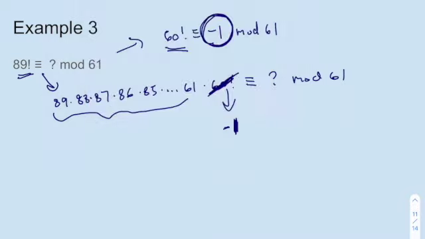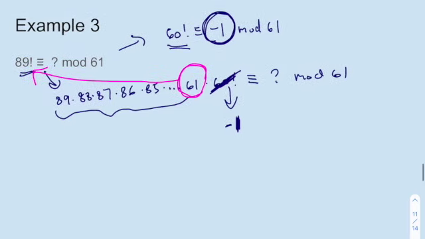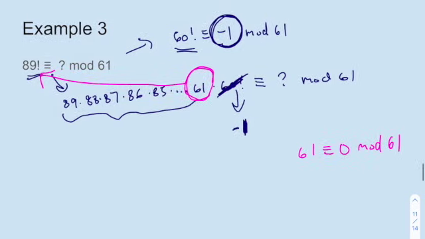The key is to notice that there's a 61 inside of the 89 factorial. So 61 is basically congruent to 0 in mod 61, right? Because when you divide 61 by 61, it gives you 1. There is no remainder.